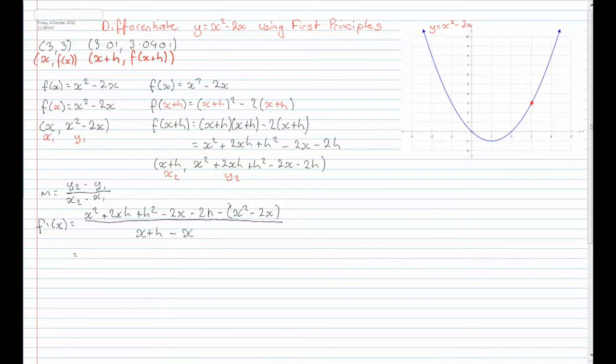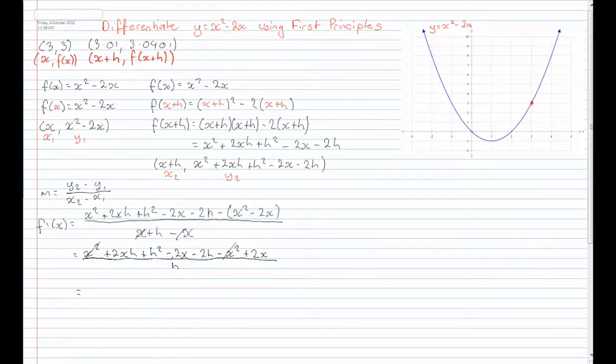Alright, so let's just take this out of the brackets to start off with. So you get x squared plus 2xh plus h squared minus 2x minus 2h minus x squared plus 2x over, we can simplify this. You've got an x and a minus x, so they're going to cancel each other out, so you just get h. So then what we're going to do is simplify the numerator. You've got an x squared here and a minus x squared, so they cancel out.